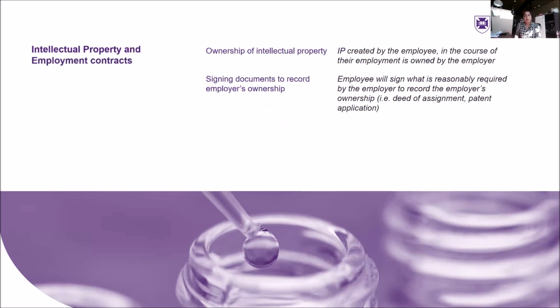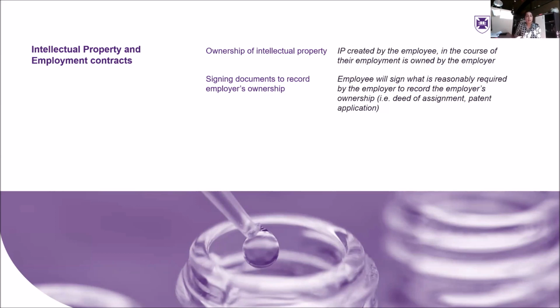There are a number of IP-related clauses that may be in any employment contract. This isn't a comprehensive list, just a few examples. It is probably quite common to just assume what your IP clause is going to be, but hopefully what I'll show here might tell you that it's worth having a specific look. Ownership of IP clauses are very common in that generally IP created by the employee in the course of their employment will be owned by the employer.